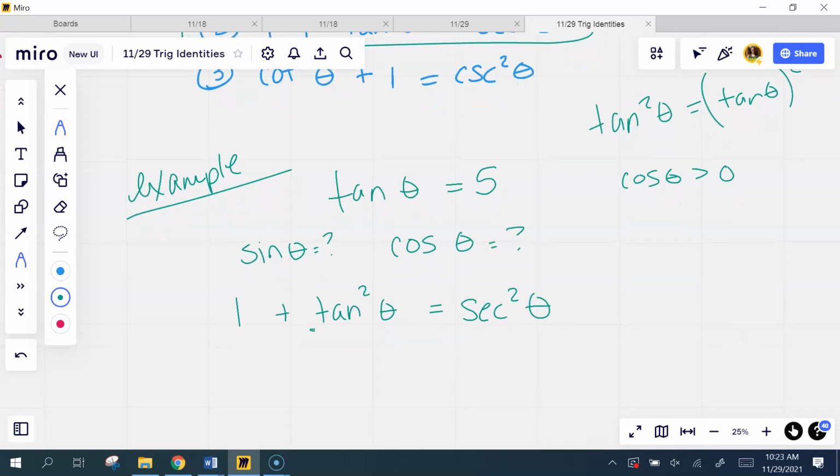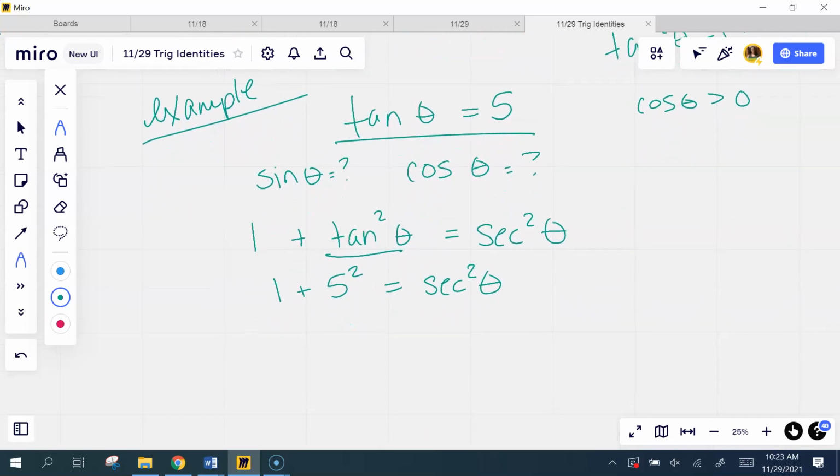So what do we know? What is this? 5 squared, right? We know that because we know tangent theta is 5. So we've got 1 plus 5 squared equals secant squared theta. You all okay there?